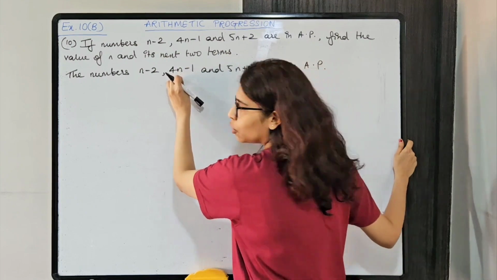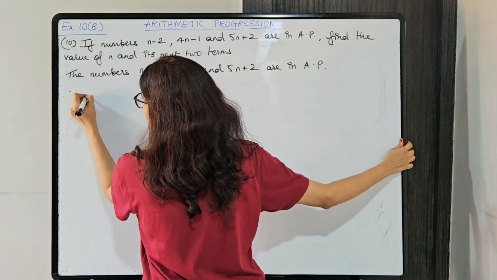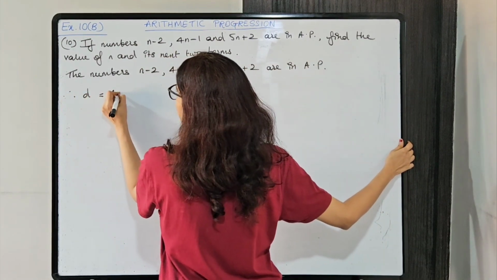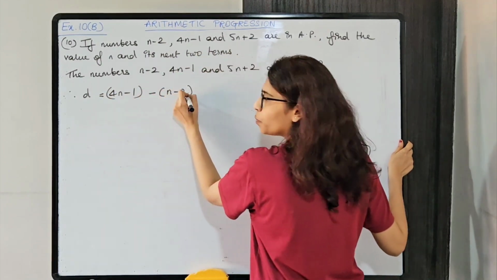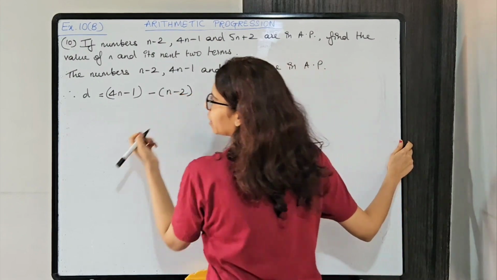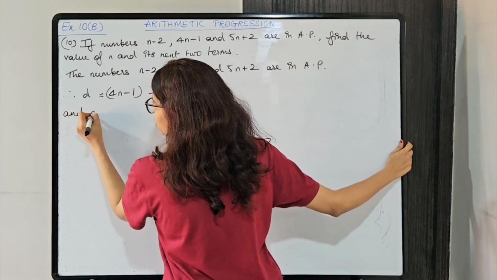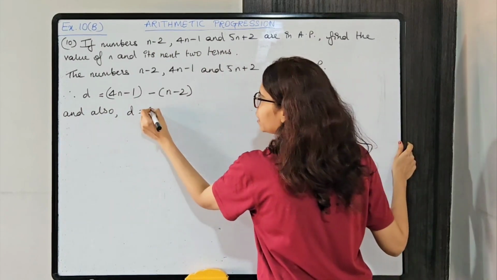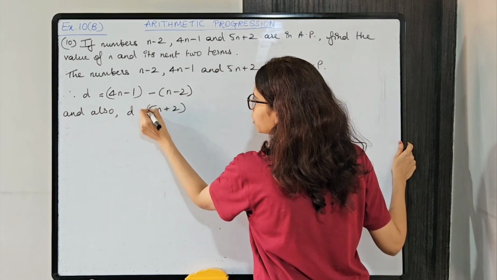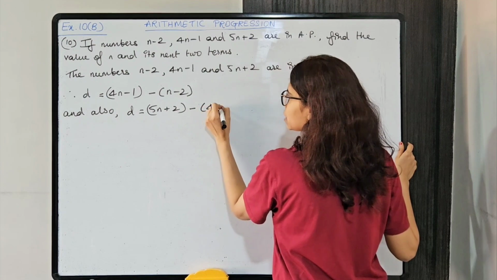Same way over here. So therefore D is equal to 4n minus 1 minus n minus 2. And also D is equal to 5n plus 2 minus 4n minus 1.